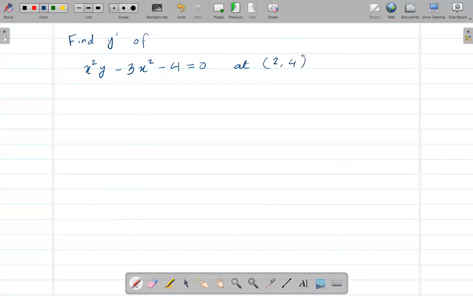All right, so I need to find the y prime of this equation at this point.